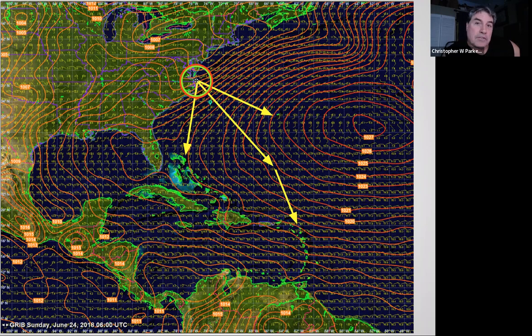Now, sometimes there's not even that much space between areas of low pressure, or the high between the lows is too far north and we don't get as much moderation as we would like.